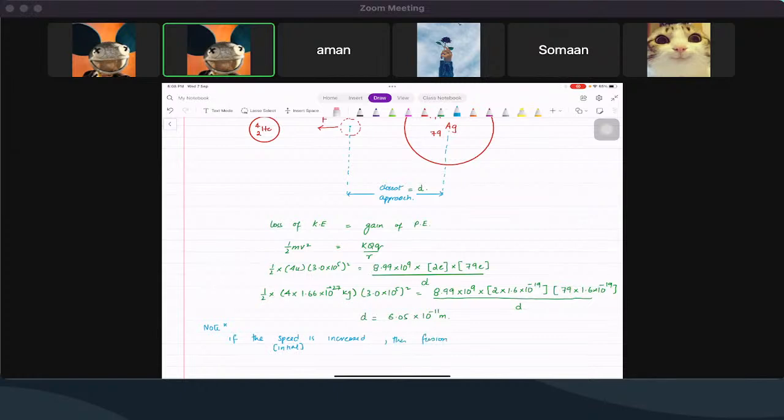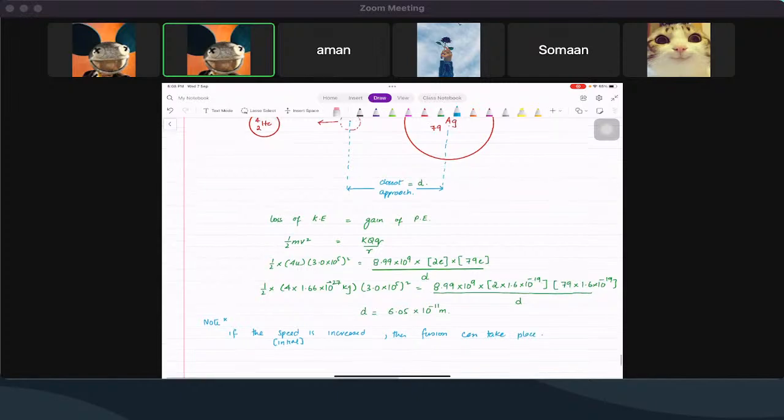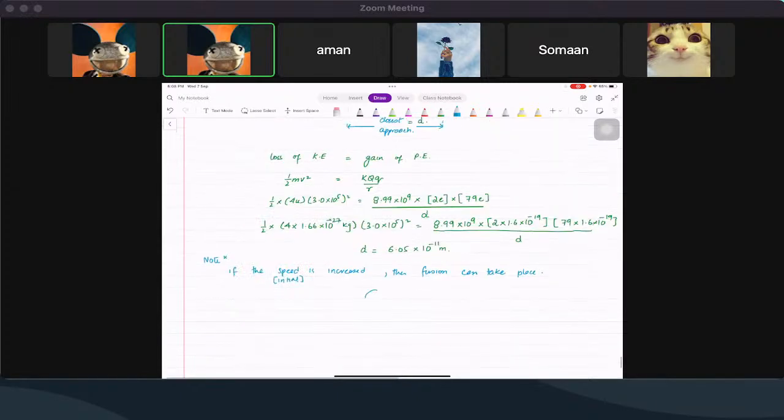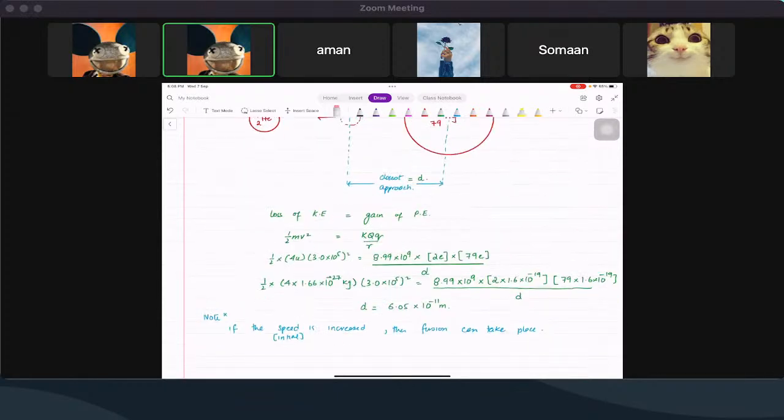Fusion is basically like they can touch each other and they can then combine, right? So for the fusion, you must understand that this charge and this charge should actually touch each other like this. Okay, we're going to look at that too. If you have any questions, please let me know.